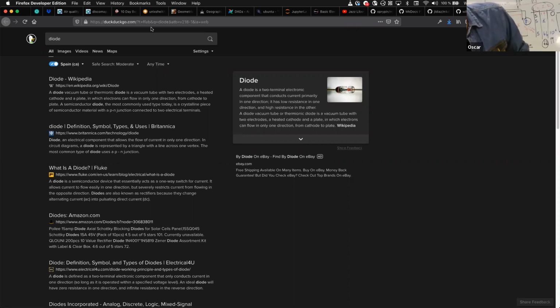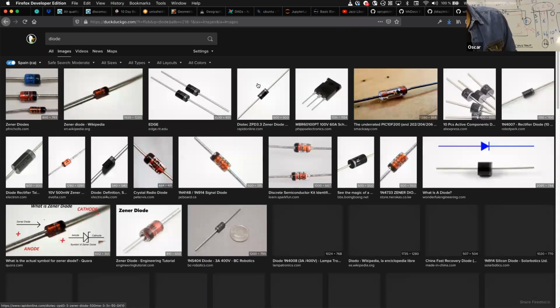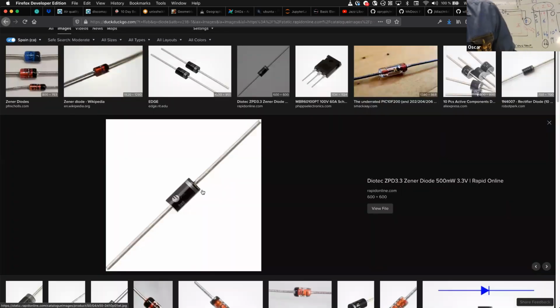For those at home, diodes look like this. This is exactly what I have in my hand now. The silver stripe is the cathode, which is normally the negative. If you try to put current on that side, it won't let it happen, so it will protect your circuit. If you have one at home, please try it.